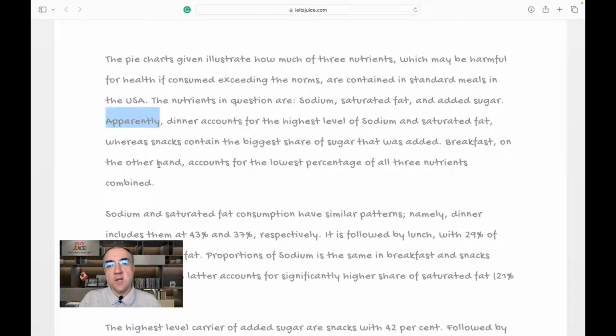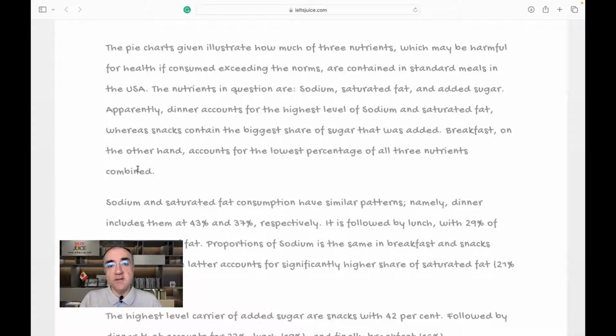Apparently, I would have used the word evidently here because apparently has this element of doubt to it. So it's like apparently it's like this, but maybe there's something secret behind it and nobody knows, which is weird. In this case, we're just giving a report. So I wouldn't use apparently, but it serves the purpose here.